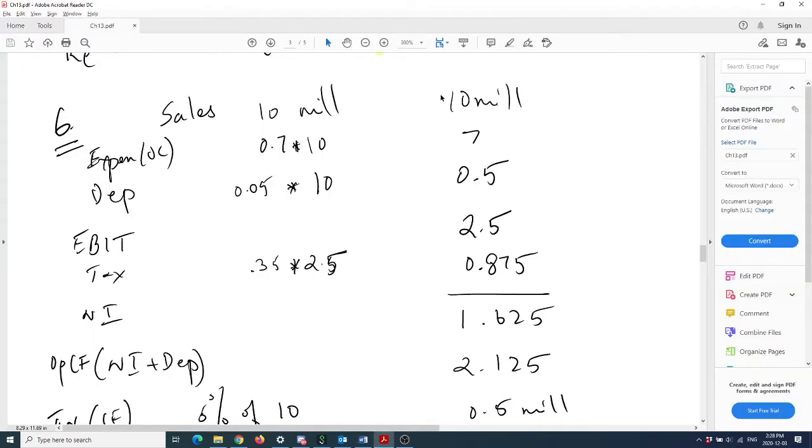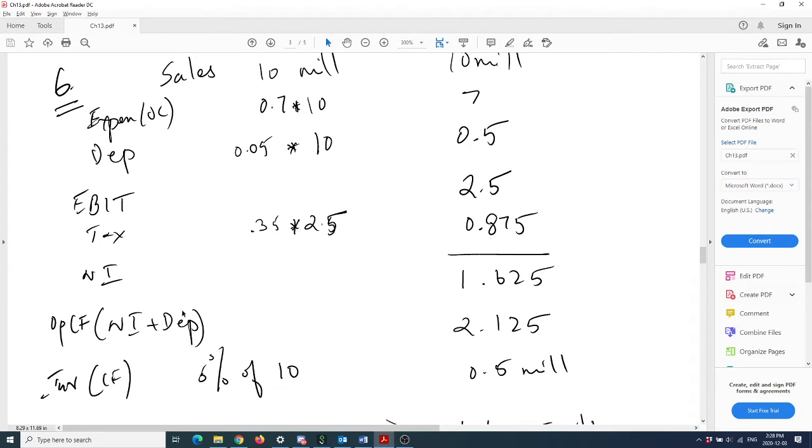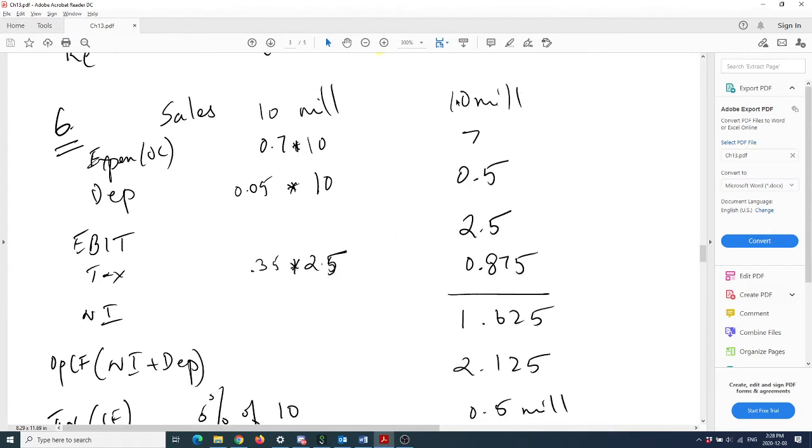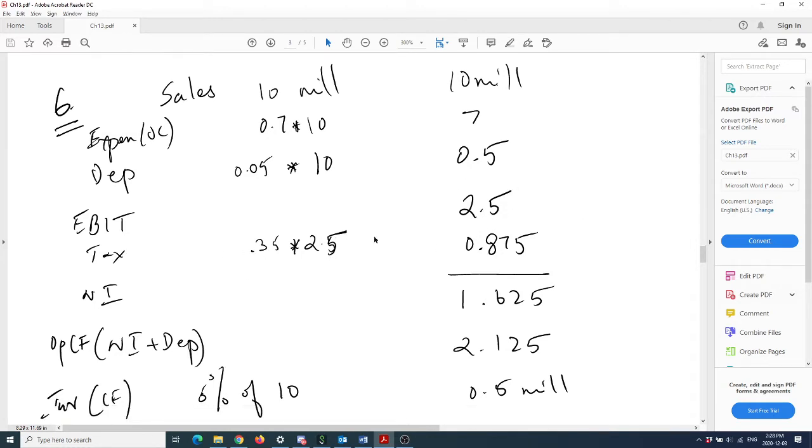So you go from the sales all the way down to the operating cash flow. Working through these numbers: 10 million in sales, 70% is expenses, depreciation is 5%, 0.5 million, and the earnings before interest and taxes are 2.5. The taxes are 0.875, and the net income is 1.65.